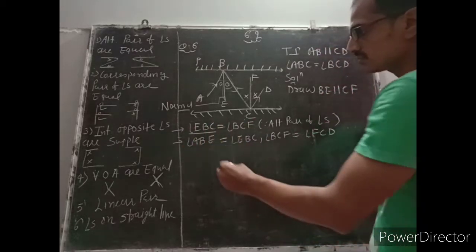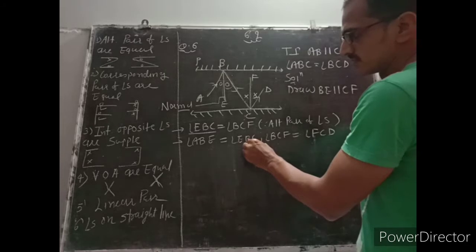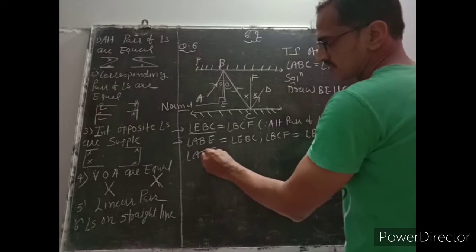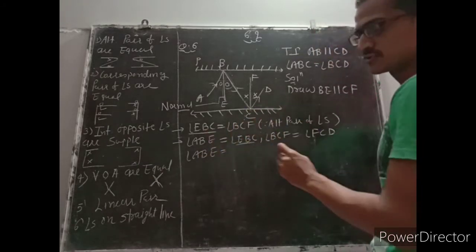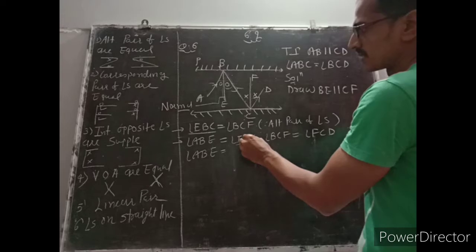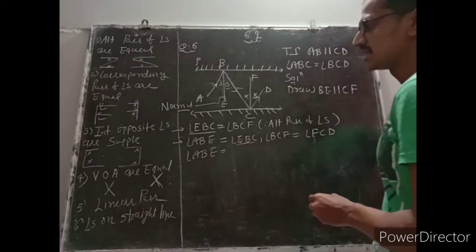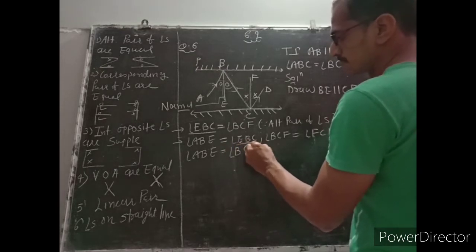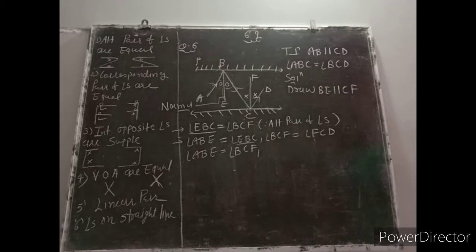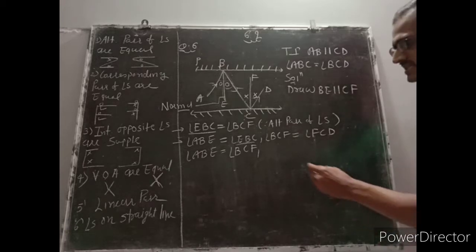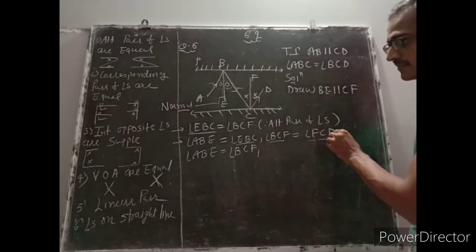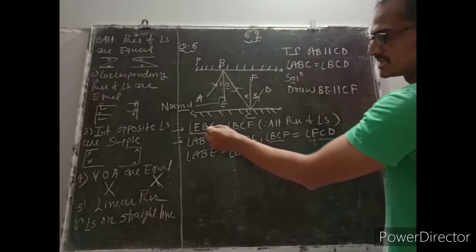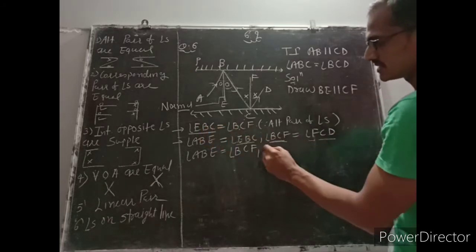Here ABE equals EBC, but EBC is equal to BCF, so instead of EBC I can write BCF. In the same way, BCF equals FCD, and BCF is equal to EBC, so instead of BCF I can write EBC.